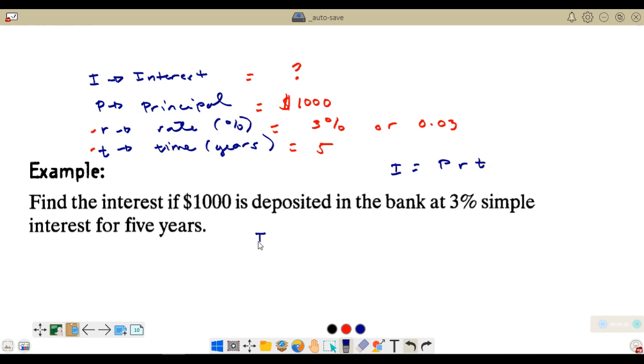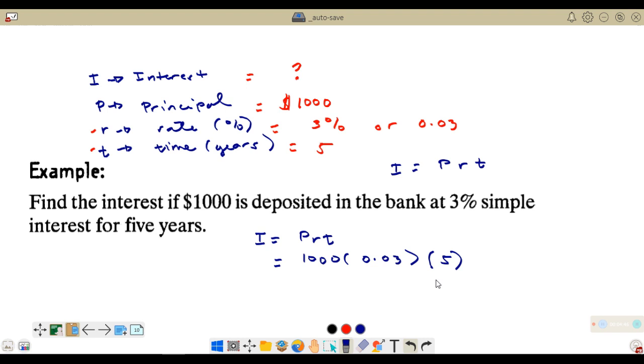So, substitute na natin sa I is equal to PRT yung mga values. So, we have 1,000 times 0.03 times 5. Get your calculator and then let's compute. I already have mine. Naglo-load na lang siya.